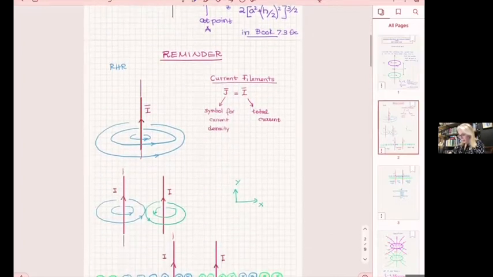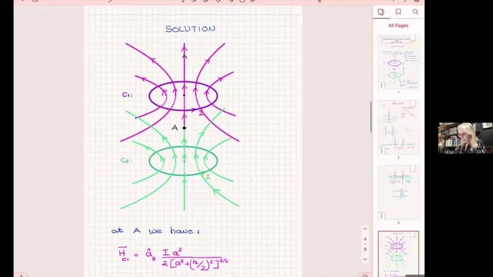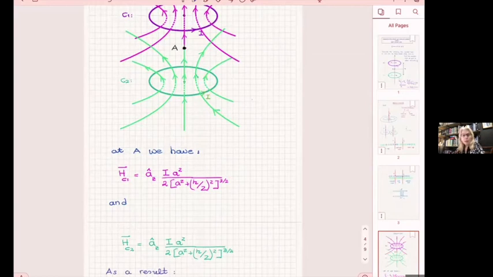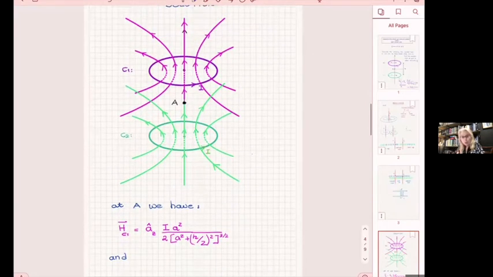All right, so the first thing to do is to identify the magnetic fields from the two loops. I have here also the solution. If the two loops are far away, you take each one of them, the top one, and you see how the magnetic field lines go through the loop.